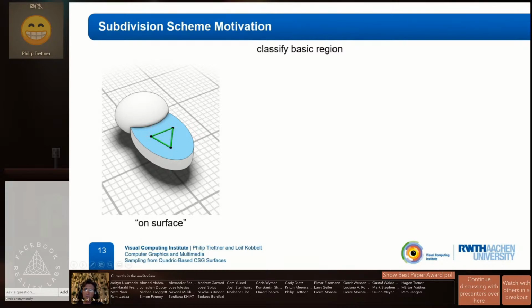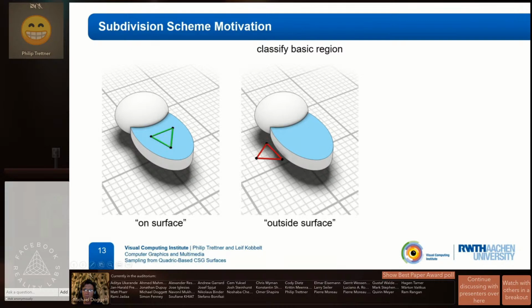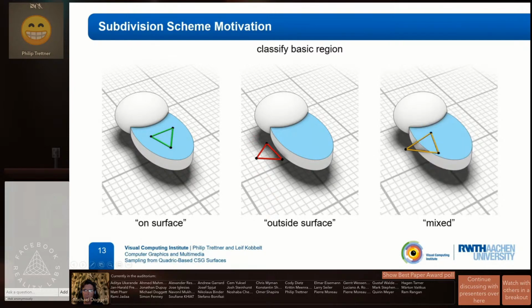And we don't need to subdivide further because we can just generate samples in this basic region. Even simpler, if the basic region is completely outside or completely inside the CSG surface, we can also stop the subdivision and don't generate any samples at all. Only in the case where we have a mixed classification where some parts are outside and some parts are part of the CSG surface, we need to actually subdivide.